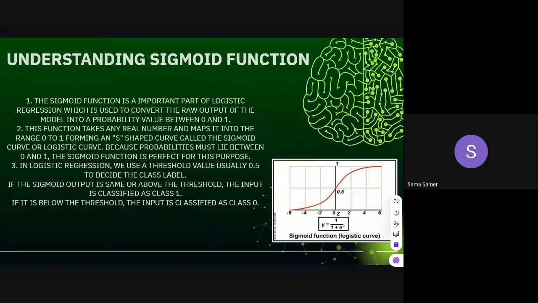Marcel, go on. For the sigmoid function, it ranges between 0 and 1, so obviously it should be 0.5. But for different problems, the threshold ranges over different numbers. Okay.